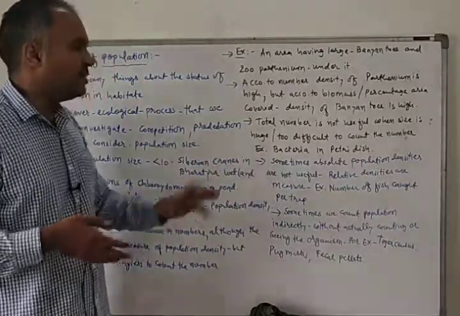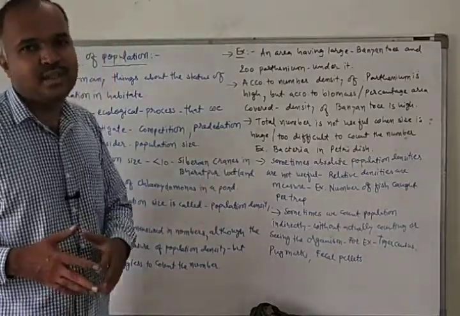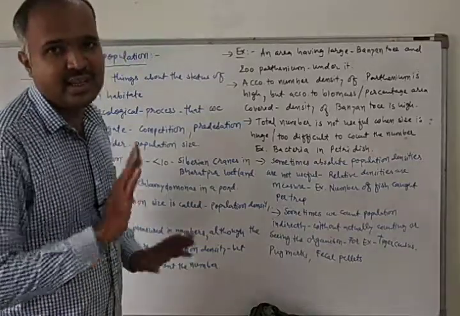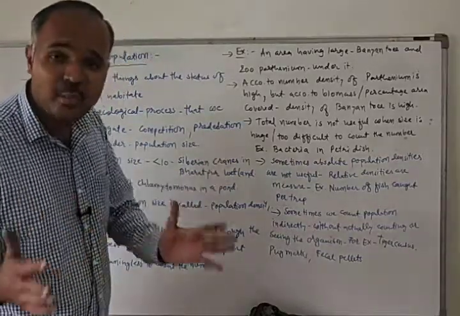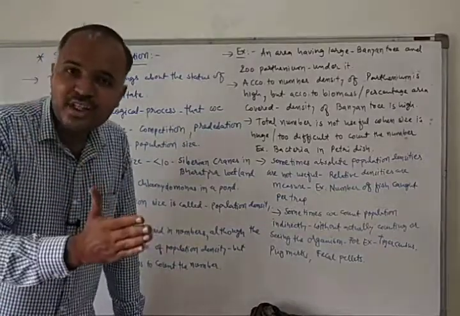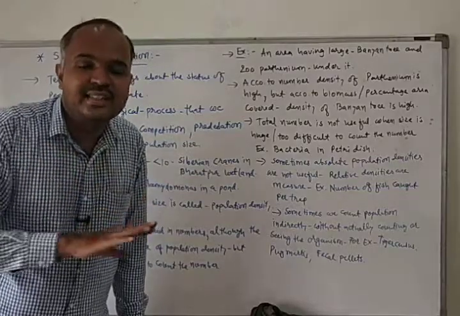Sometimes we do not measure absolute population density; instead we measure relative population density. How?